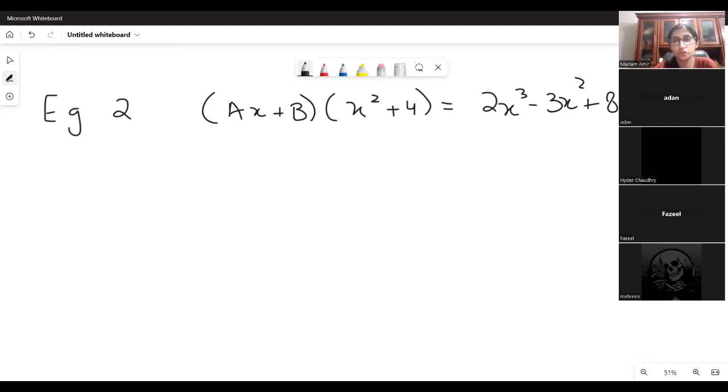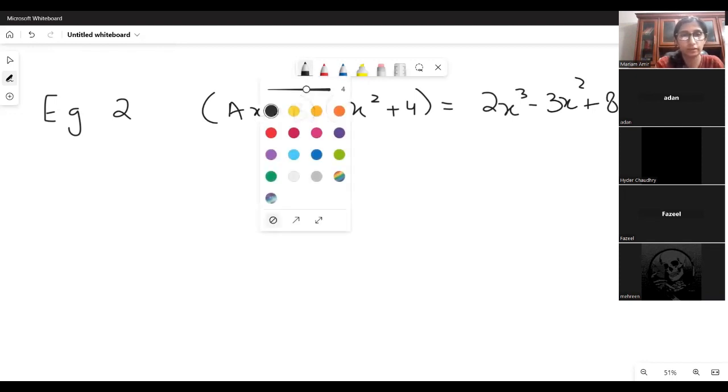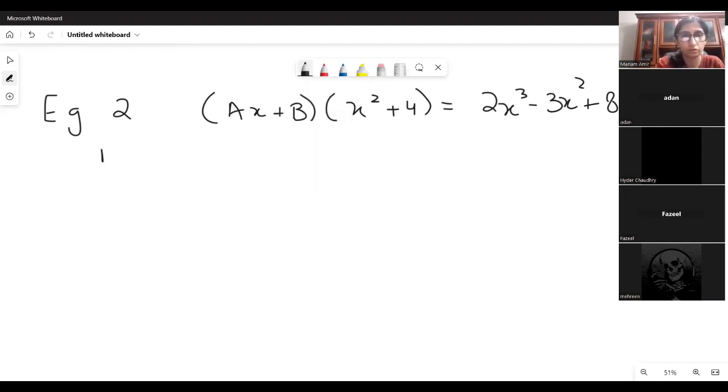So let's do it by comparing the coefficients. Okay, so method 1, comparing the coefficients.